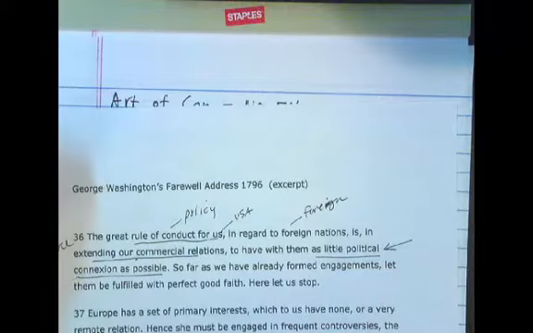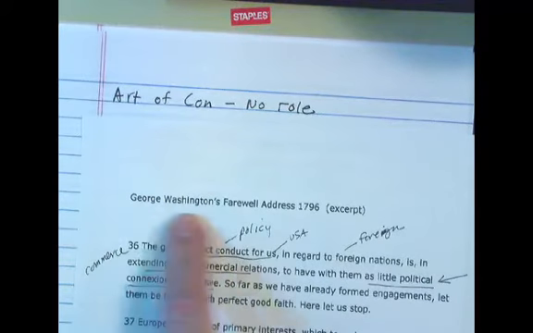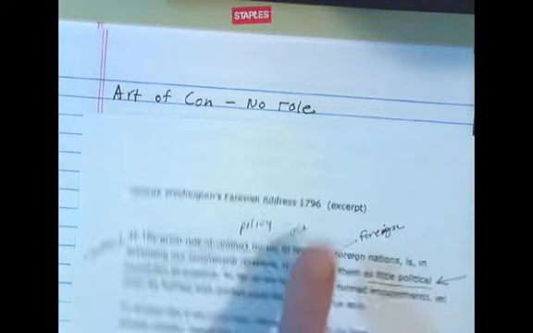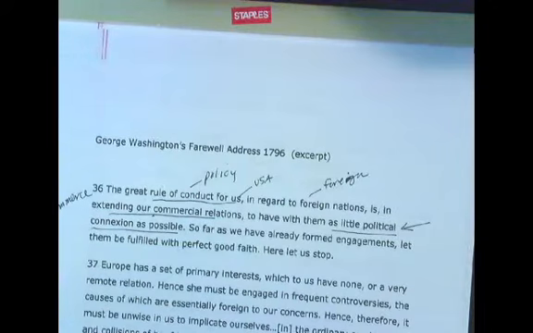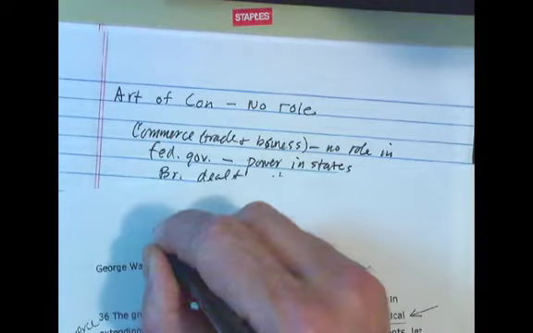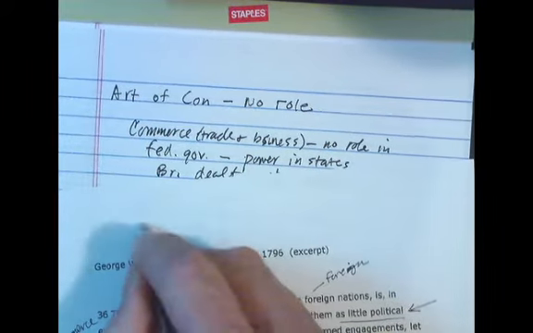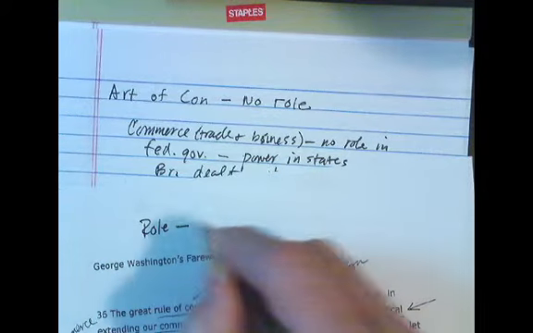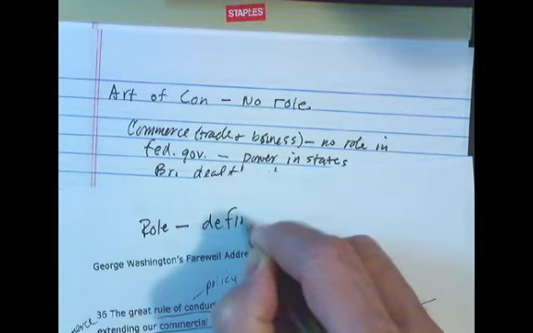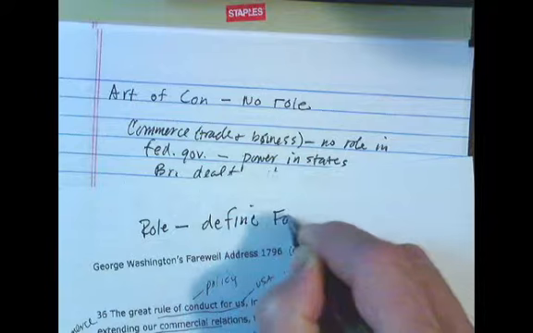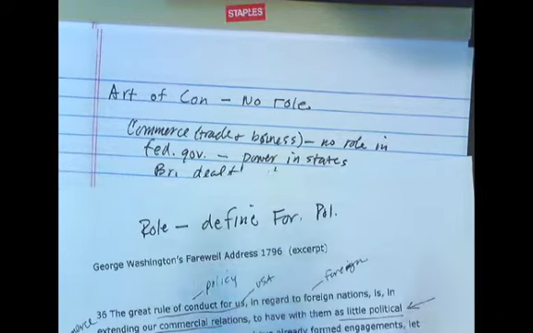The next step is to take the role of government that comes next, which is during George Washington's farewell address. It is stated, and so I am claiming that the role of government here is to define foreign policy.